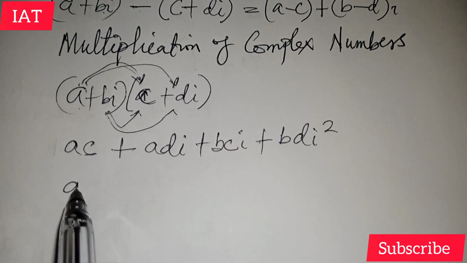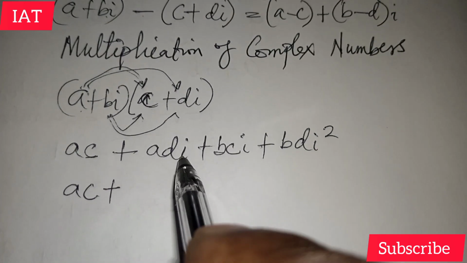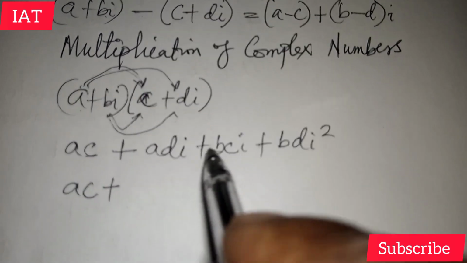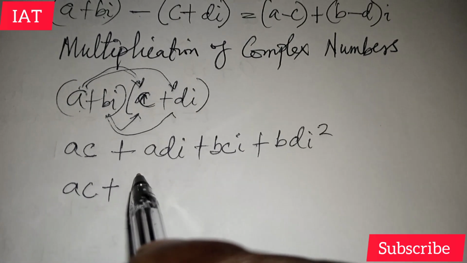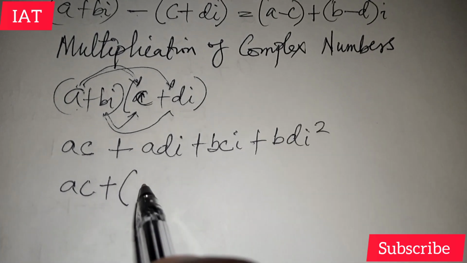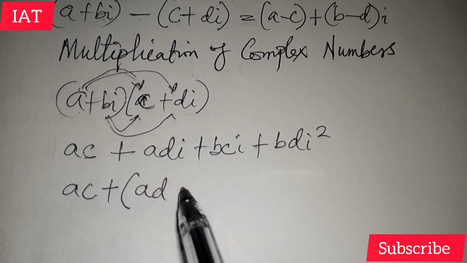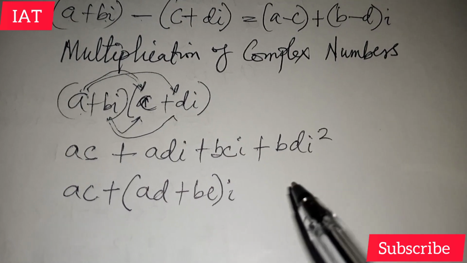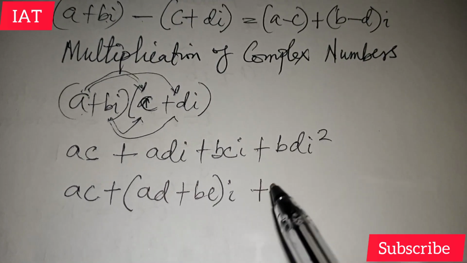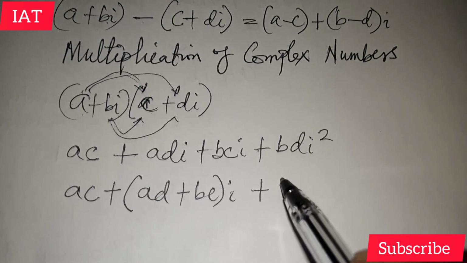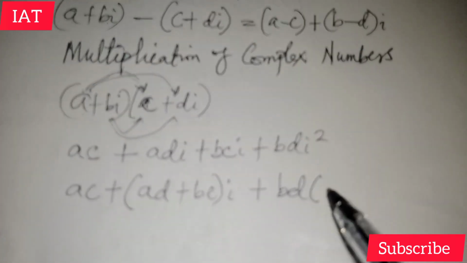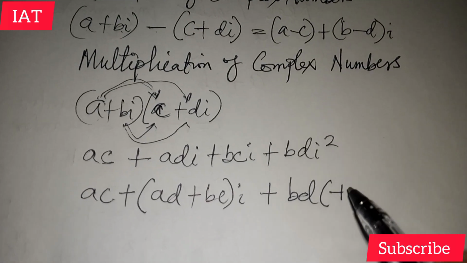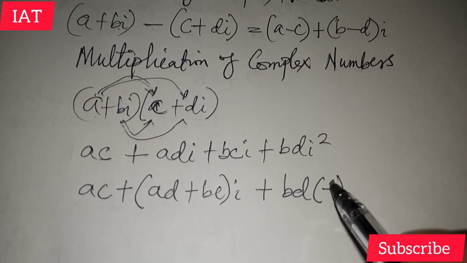So that means ac plus, in this case we have that this one is common. Because it is common, we want to put it in brackets, and we say here ad plus bc, placing the i outside because they are common, plus what happens here? This will give us bd multiplied by minus 1. Keep in mind that i squared means minus 1.